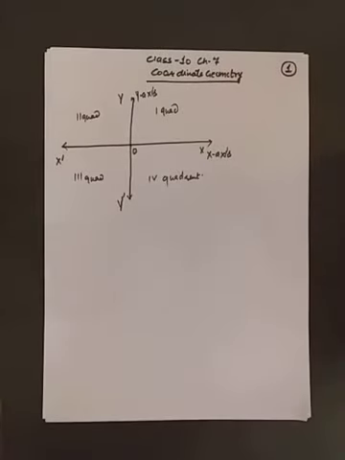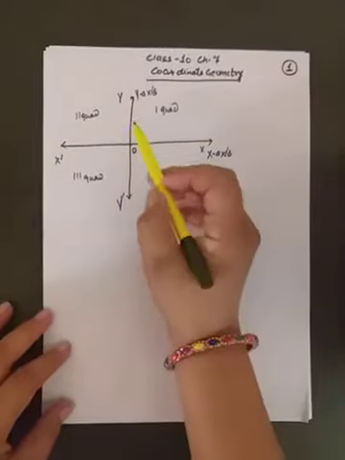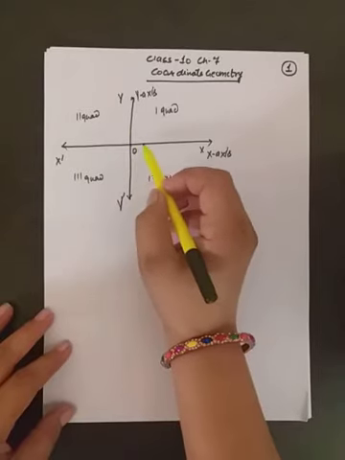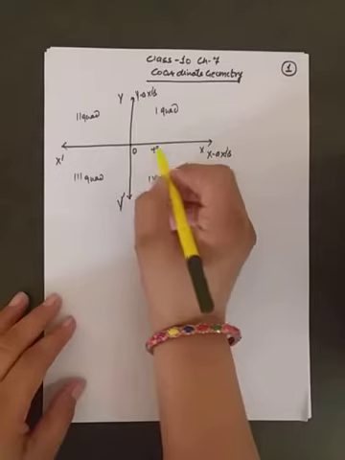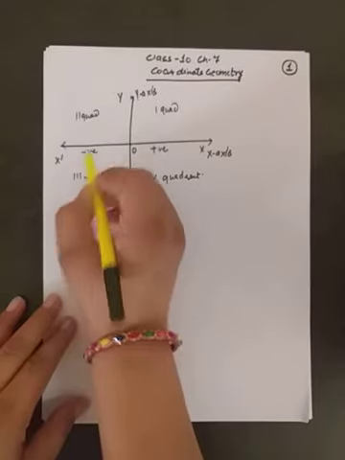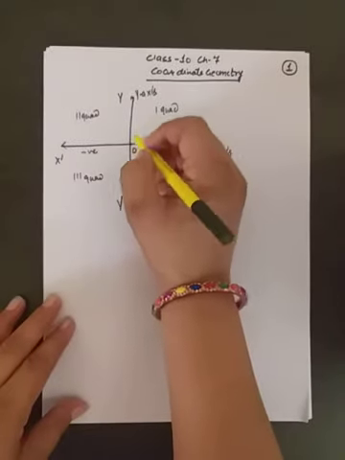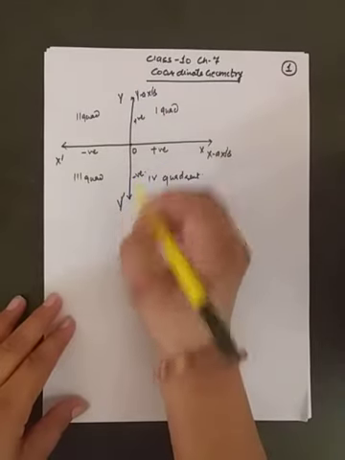Now, a point in the Cartesian plane can lie in any of these four quadrants, or it can lie on the axes also. Both of the axes have two directions. To our right-hand side, the x-axis is positive; this is the positive direction and the left side is negative. For the y-axis, the upper side is positive and the lower side is negative.